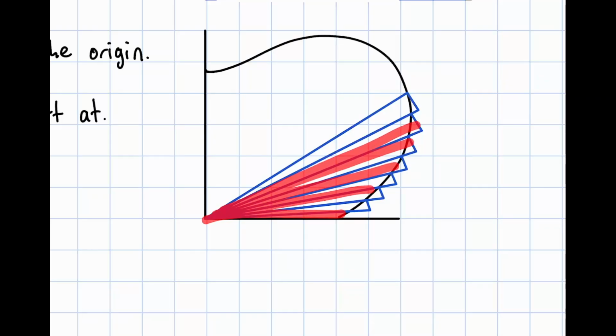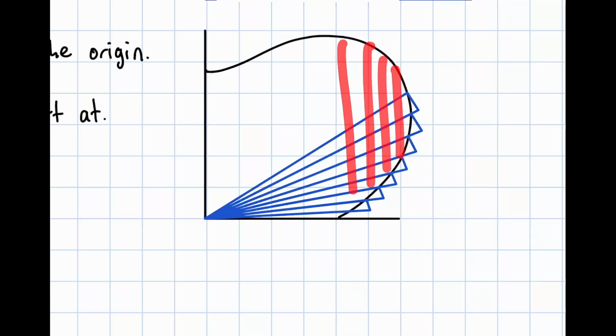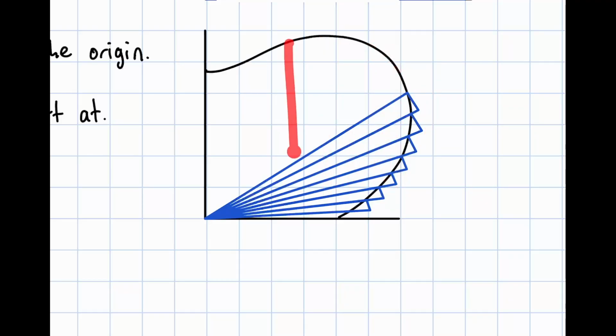All of these areas added up would give us the full area under the curve. We don't go up and down like in rectangular coordinates because that would be complicated, and this is just not how our system works. In our system, we start at an angle and we go out r length. All of these things combined give us the area under this curve.